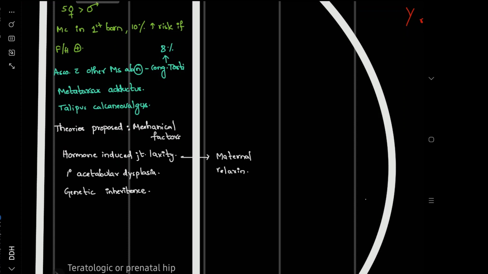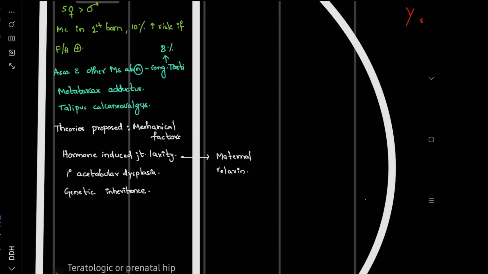The next is hormone induced joint laxity. Mothers produce a hormone called relaxin, which is useful for muscle relaxation in order to cause a better and smoother delivery. But relaxin has the capacity to travel through the placenta and act on the baby also.